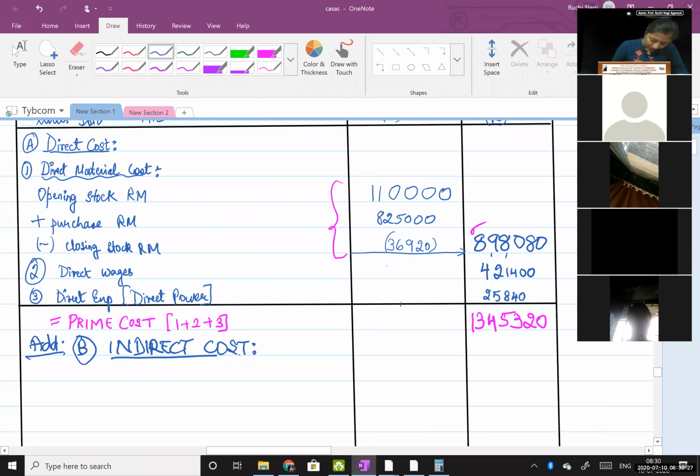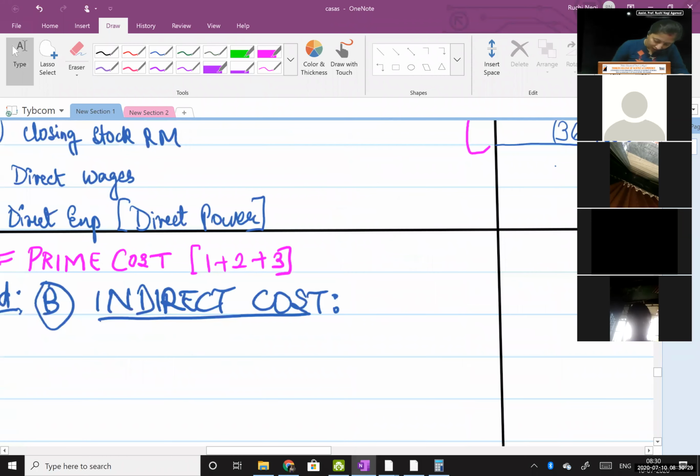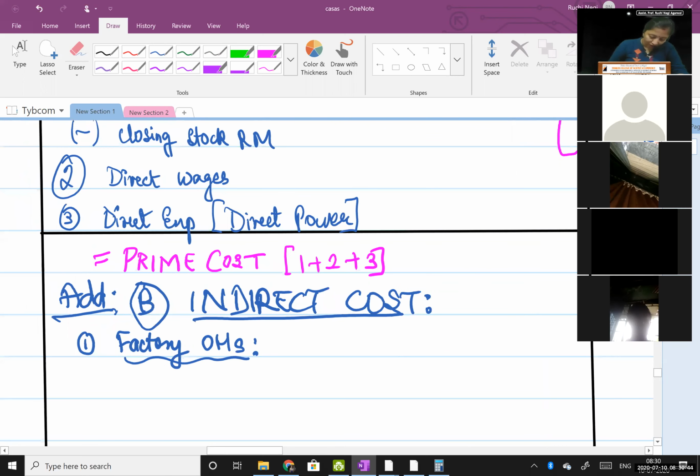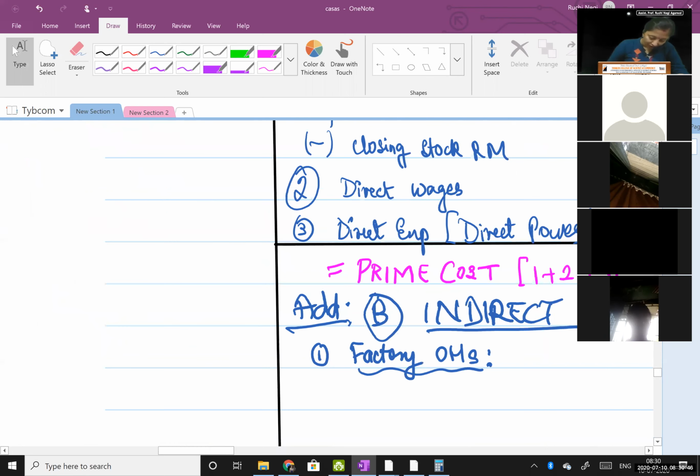First, factory overheads. Let us see what we have in factory overheads.